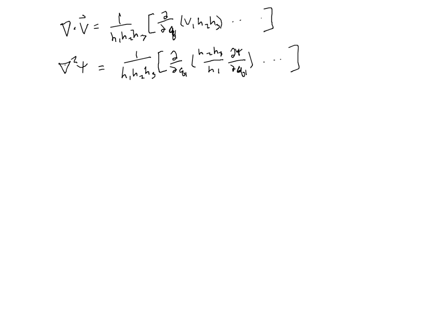And the neat thing about this is that I could keep going on, but they do the same thing with the curl, and they do the same thing with other functions. So essentially every single one of those formulas that you see on the inside cover of an electrodynamics book, like the divergence of a vector in spherical coordinates, you can derive from here by just knowing what the h's are.